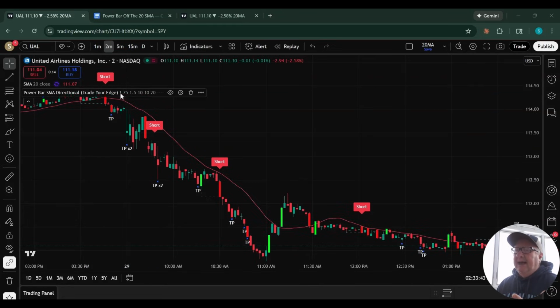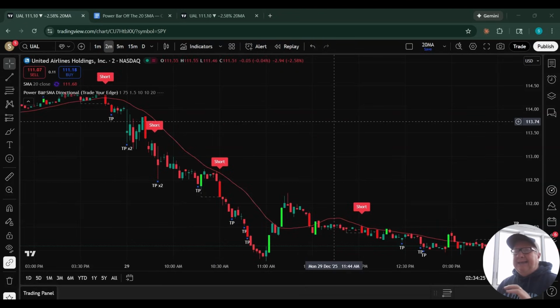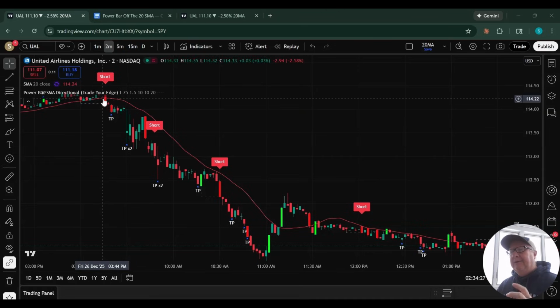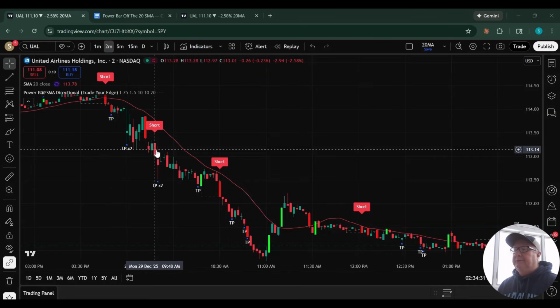It's not showing the stop because the profit target was hit in each of these, but it would show a stop just beyond the power bar, right? It's a very simple trade to execute, but it encompasses data that becomes complex, again, especially if you are a new or relatively inexperienced trader. And as it captures that data, it's telling you this is the literal point in time to enter the trade.